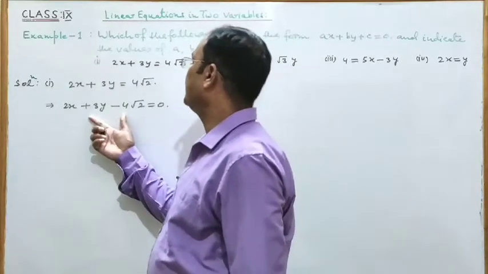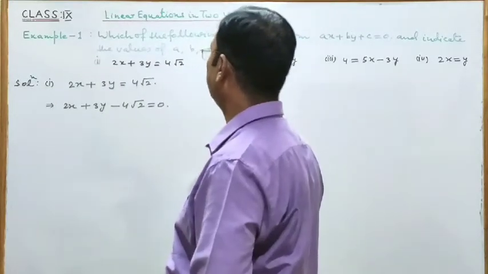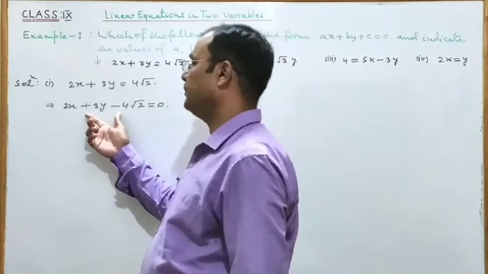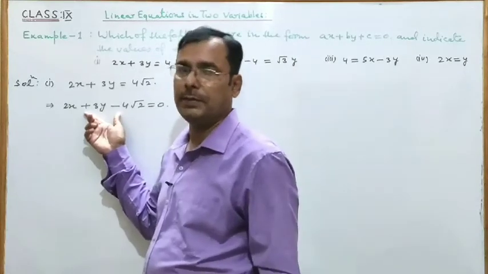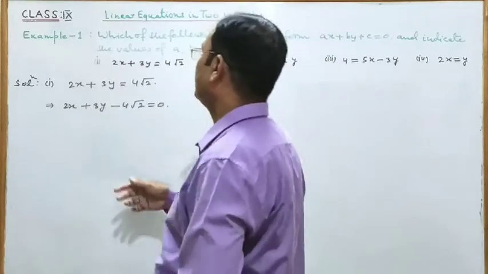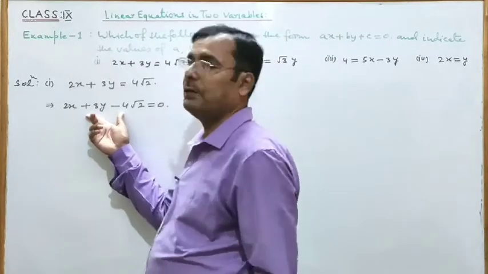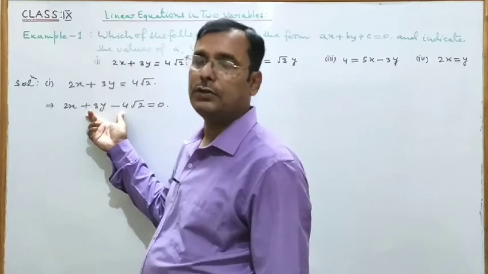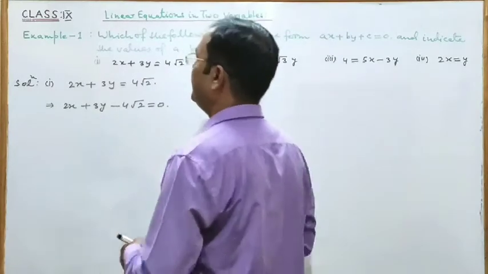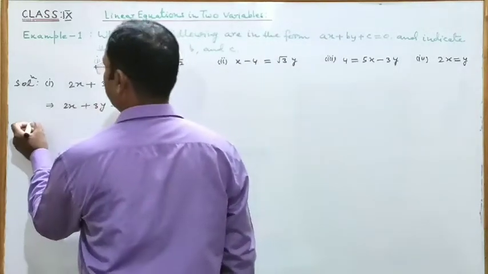Now this equation 2x plus 3y minus 4 root 2 equal to 0 is in the form of ax plus by plus c equal to 0. So comparing this equation with ax plus by plus c equal to 0, we can find a, b and c.